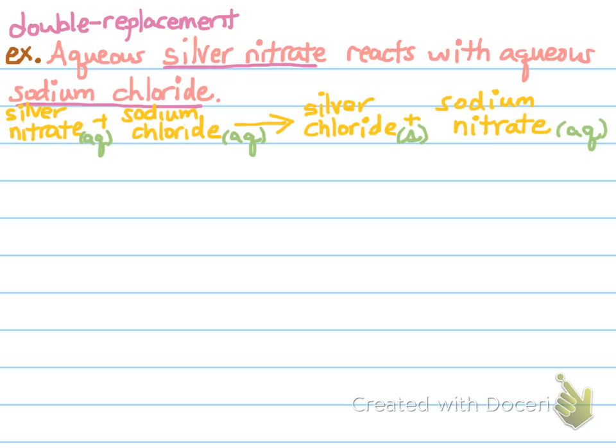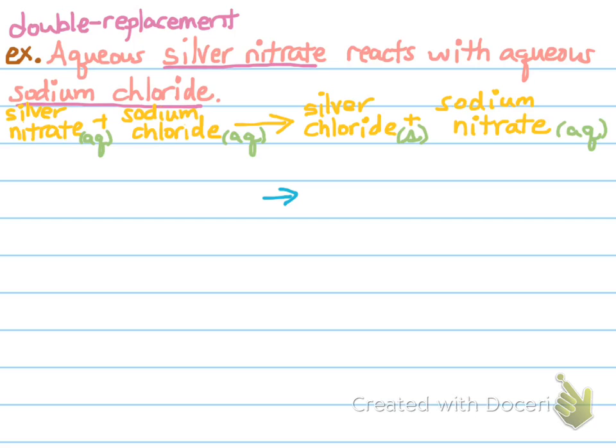Now we want to write our skeleton equation, so we have to make these all formulas. Silver nitrate is a metal and a polyatomic ion, so it's an ionic compound, and all of these are, because sodium is also a metal. Every single time I write the formulas for each one of these 4 compounds, I'm going to write my symbols, write my charges, crisscross the charges, and remember it's only the number, not the sign, and then make sure I have the lowest whole number ratio.